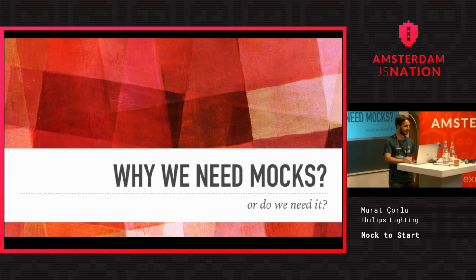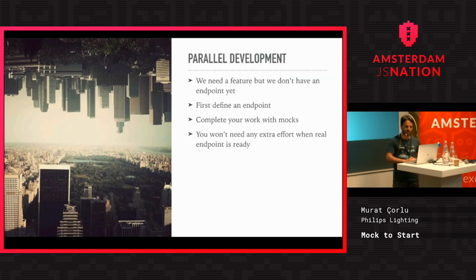So why do we need mocks, or do we really need them? If we have mocks, we can develop our tasks without waiting for some backend development. Let's assume that as an application developer, you need to develop a feature that needs some new endpoints that are not there yet.